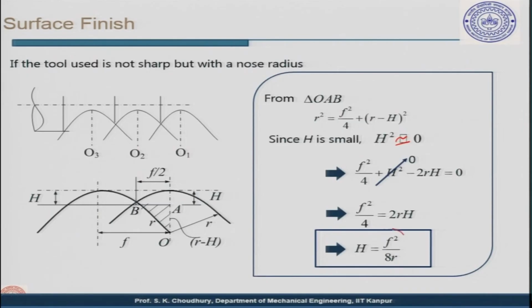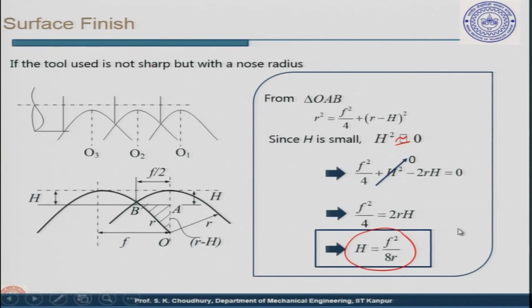You can see now that if we compare, for a comparable value of the feed, the rounded off tool will give a better surface finish, or a lower value of surface roughness.